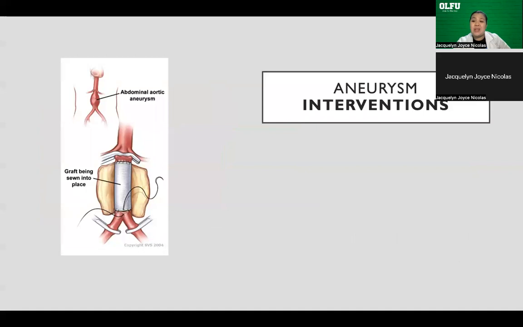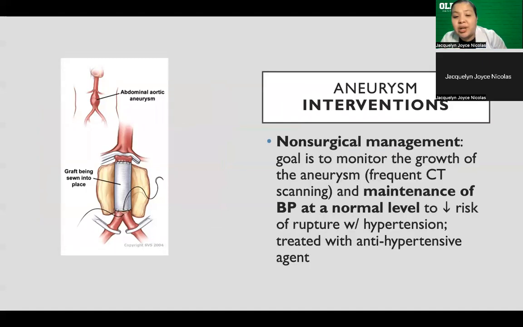Now, what can we do to manage aneurysm? Nakita nyo naman dyan, di ba? Syempre, kung na-compromise na yung wall, what we do is we put a graft on it. So, the procedure, first pala muna, non-surgical. Syempre, pwede hindi ka muna mag-opera.